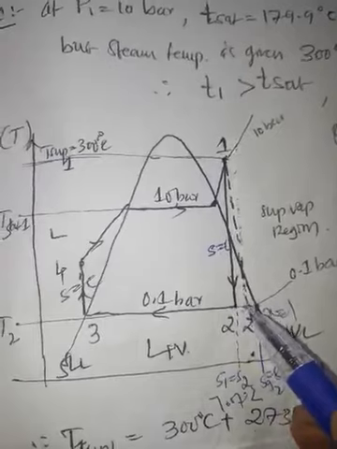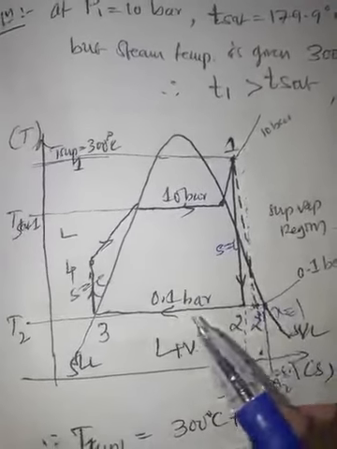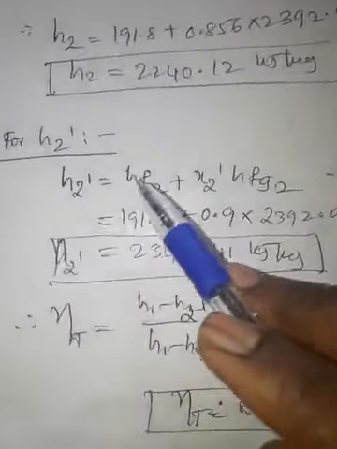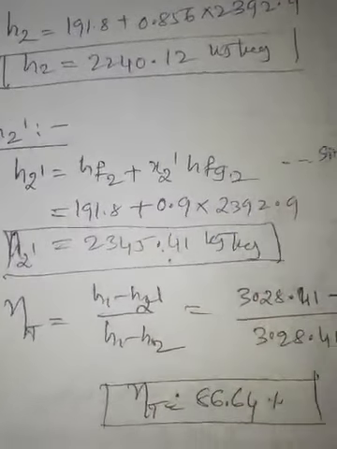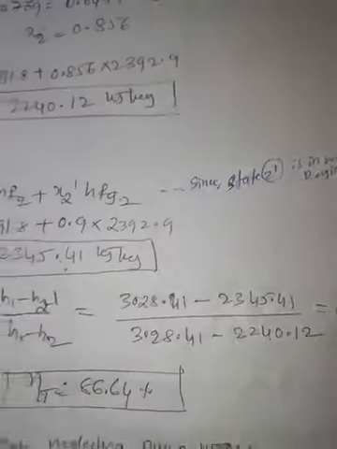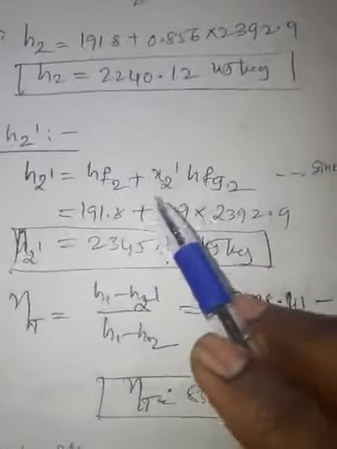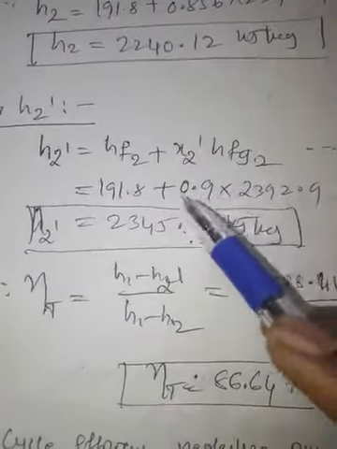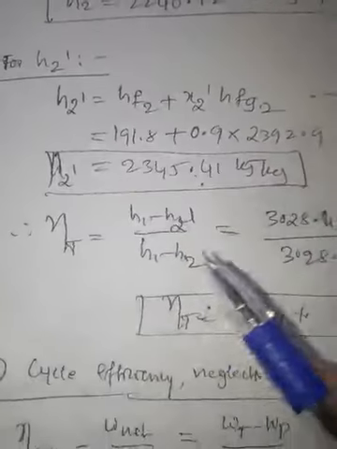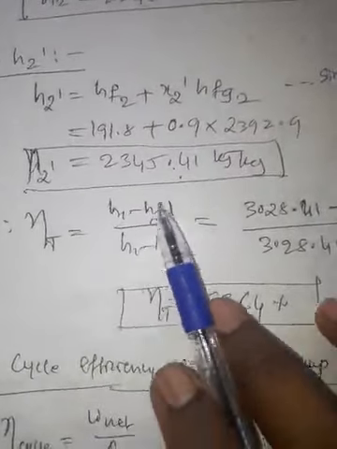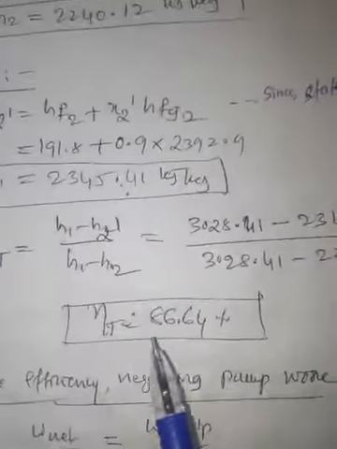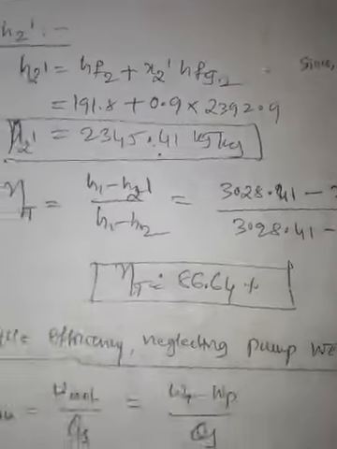I can write the formula H2 dash is equal to HF2 plus X2 dash HFG2, since steam at 2 dash is in wet condition. X2 dash is given as 0.9, and HF2, HFG2 we have from the steam table. So this is H2 dash. Finally I substitute the calculated values in the turbine efficiency formula and calculate the adiabatic efficiency of the turbine as 86.64%.